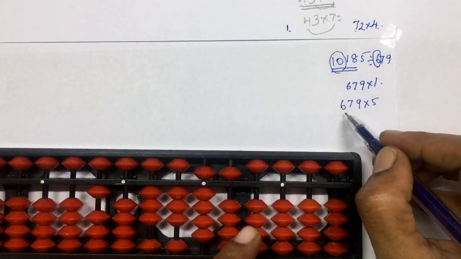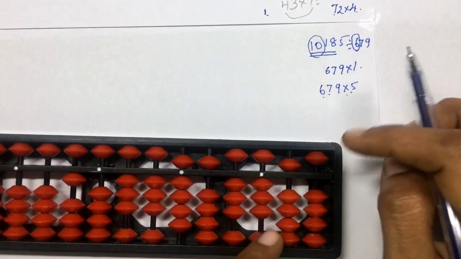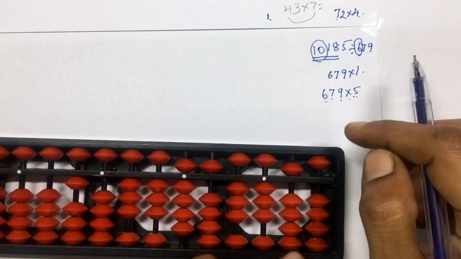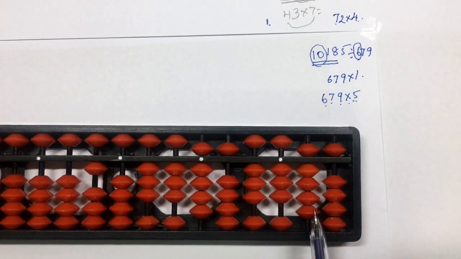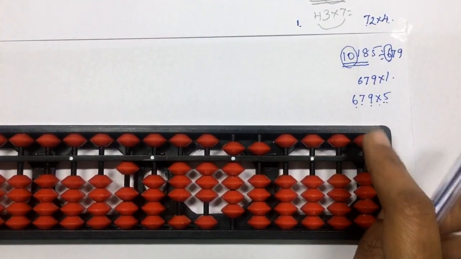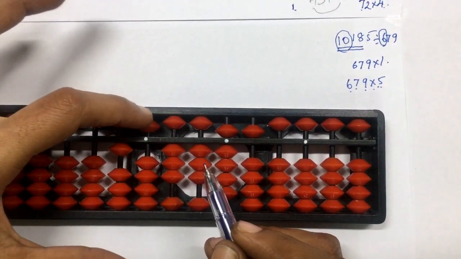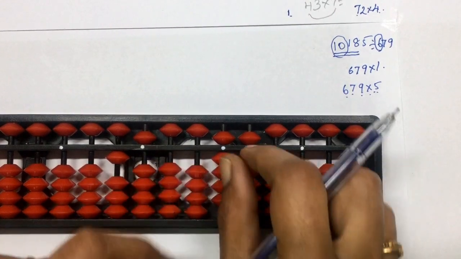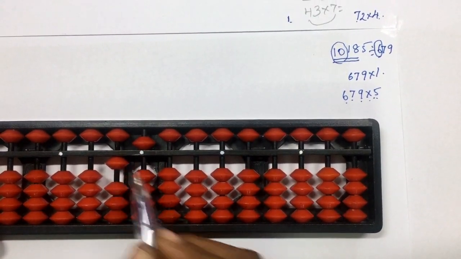The answer is 6 5s are 30, 7 5s are 35, 9 5s are 45. Answer is 3395. So 5 times 5 is the quotient. From here, jump 3 rods. Set 5 here. Minus 3395. The answer is 15.